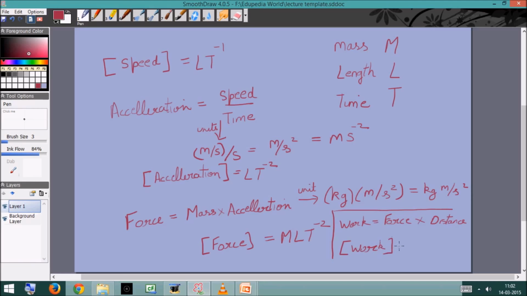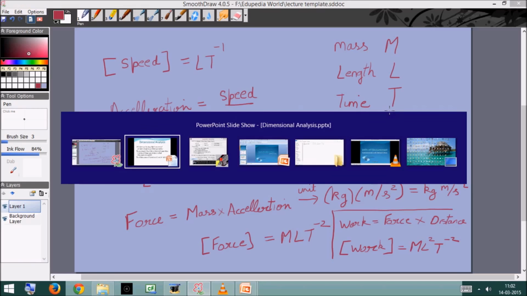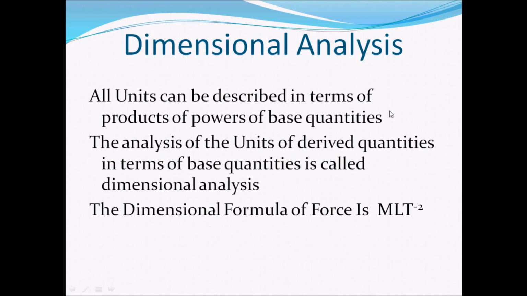You're right, the dimensional formula of work is M L squared T minus 2. Because M L T minus 2 is force multiplied by distance. Distance is simply L, length. So the dimensional formula for work will be M L squared T minus 2. So with this way, if we know the formula for an unknown quantity in terms of some known quantities, we can at least find the dimensional formula directly.